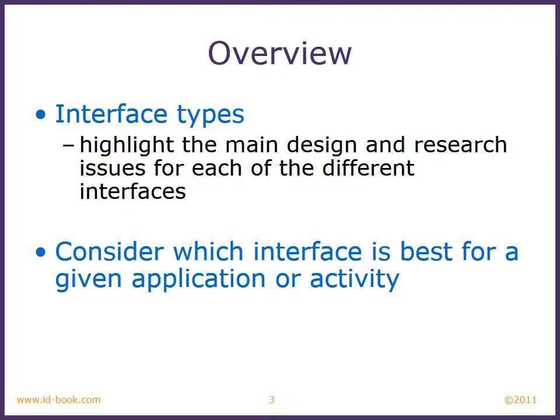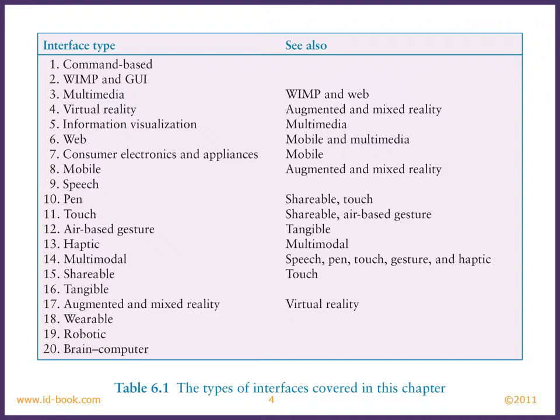And we need to be very careful which interface to choose and which is the best for a given activity or application. There is now a diversity of interfaces available nowadays because of the help of technology. The goal is always to consider how to design interfaces for different environments, people, places and activities.